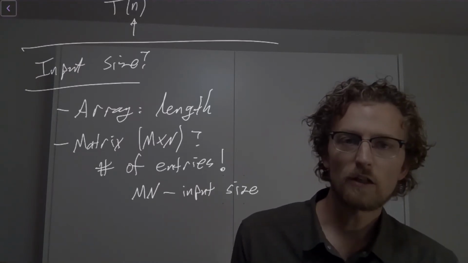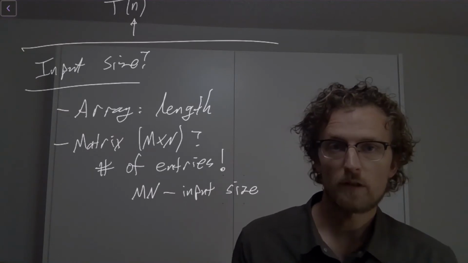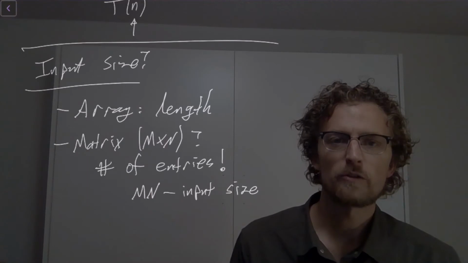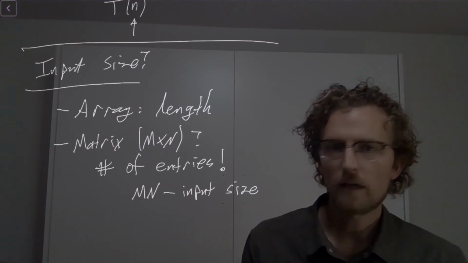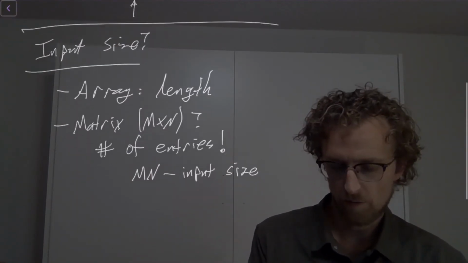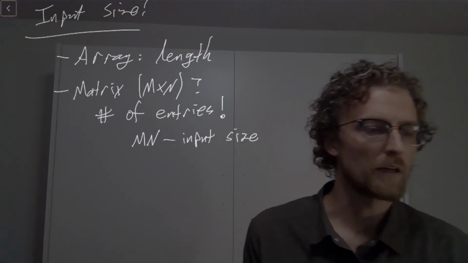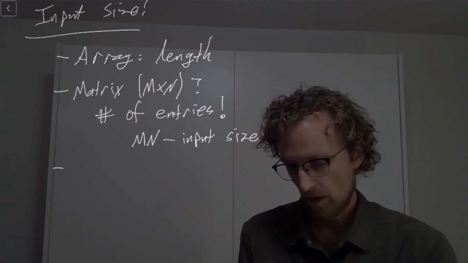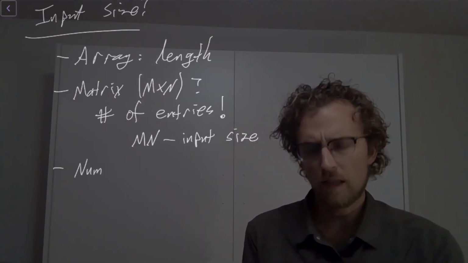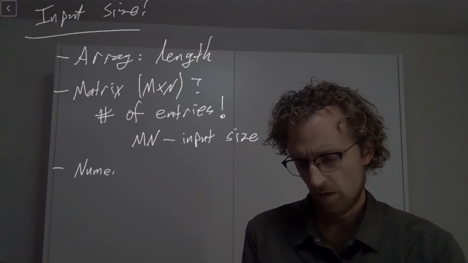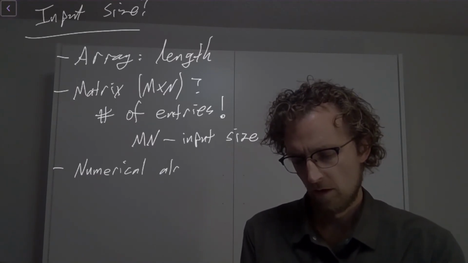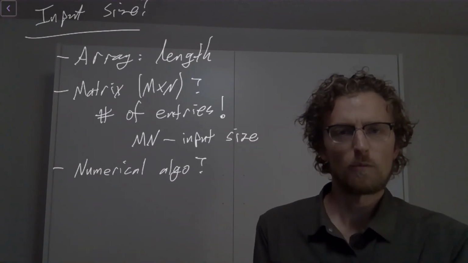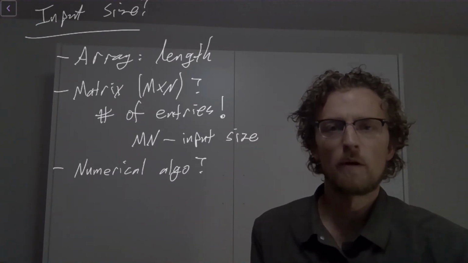Occasionally we'll want to express, for a square matrix, for example, that's n by n, the runtime of an algorithm in terms of n, just because it's a simple parameter that ends up repeating itself again and again. In some cases, if we're dealing with a numerical algorithm, we might end up with something slightly unintuitive. Let me explain what I mean. What if I asked you to write an algorithm that determined whether a given number is a prime number?